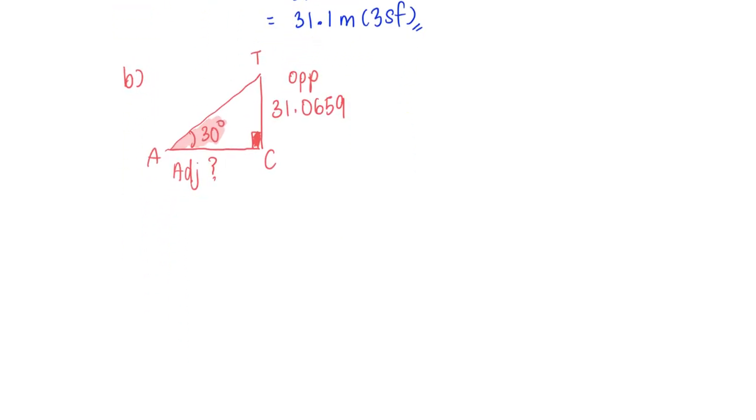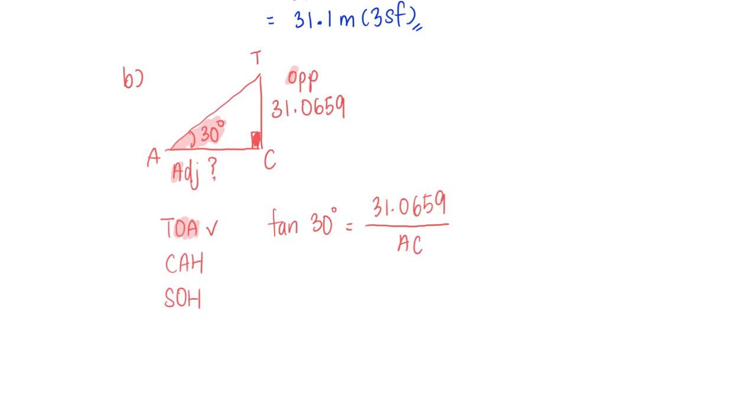With our focus on this right angle triangle, which of the trigonometric ratios should I use? Yes, OA, OA. I am going to use the tangent ratio again, opposite over adjacent side.